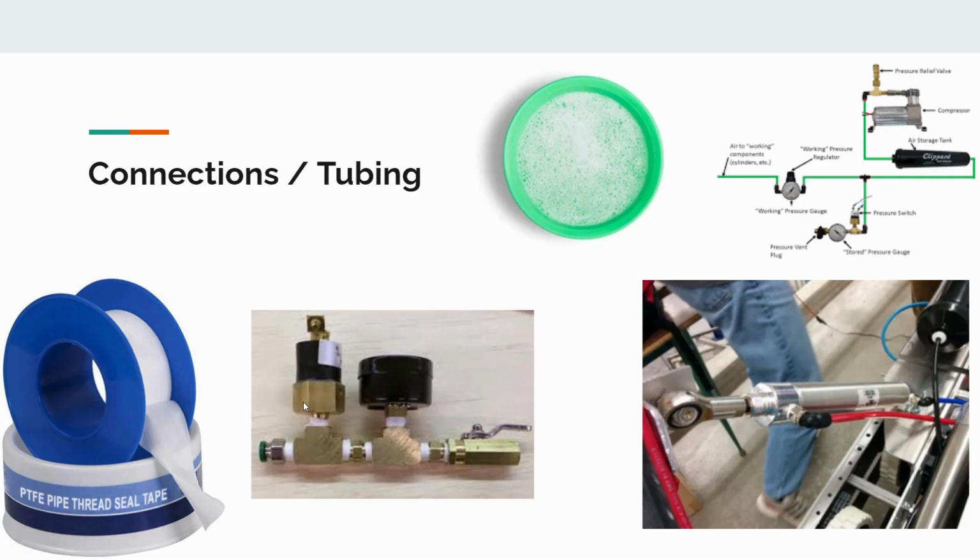Another way that you're going to connect up your loop is with tubing. This red tube and black tube here are both examples of that. In this picture you can see there's a little green circle at the end here. The most important part when connecting with tubing is ensuring that the tube is as flat as possible, because if it's angled, it is not going to make a good connection in here.